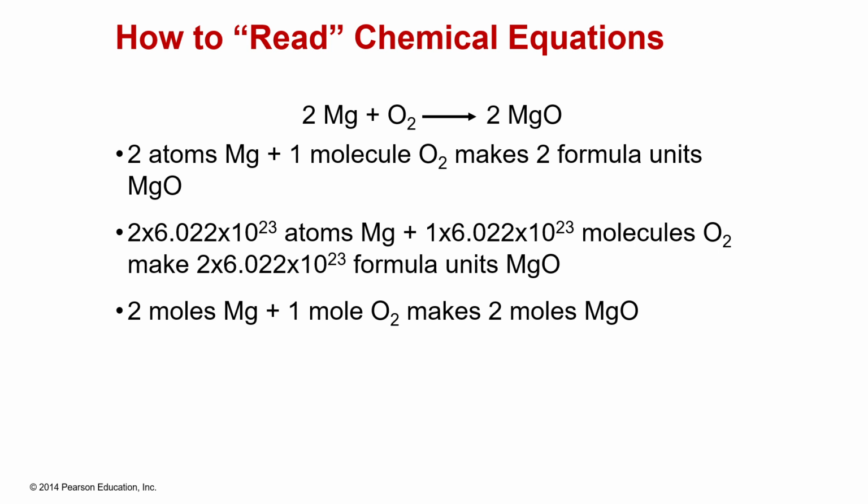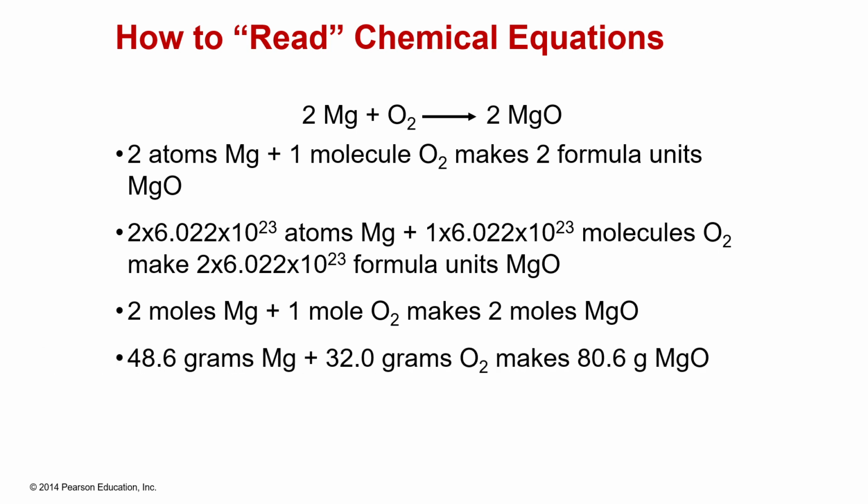And because we can convert between moles and grams, if we know the molar masses, we could also read this by multiplying times the molar mass of each one of these species as 48.6 grams of magnesium plus 32 grams of oxygen makes 80.6 grams of magnesium oxide.